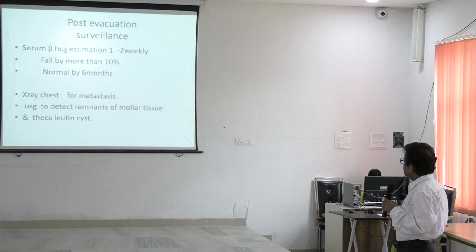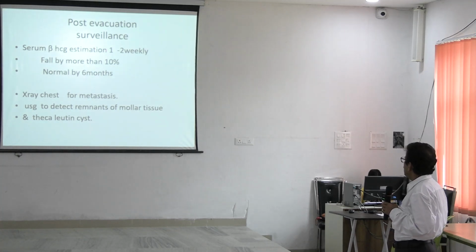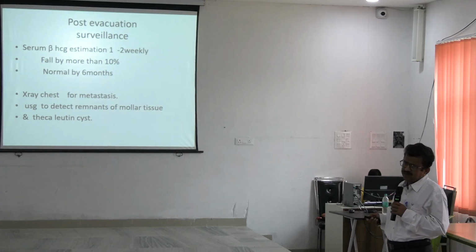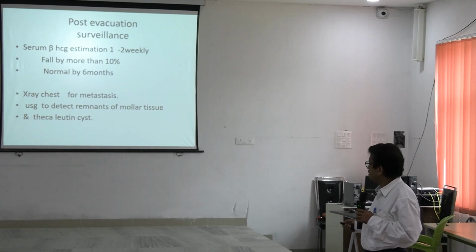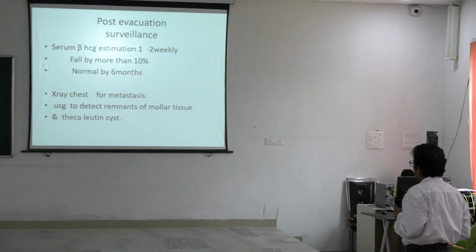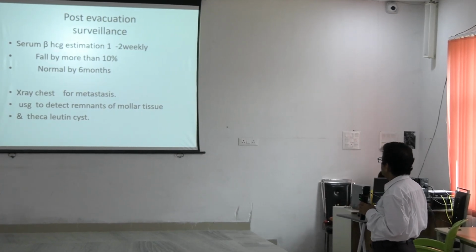If it does not fall by more than 10% over 3 successive weeks by serial estimation, then possibly it is turning into malignancy or an invasive mole. In that case, you have to take measures to stop the growth of the molar tissue.